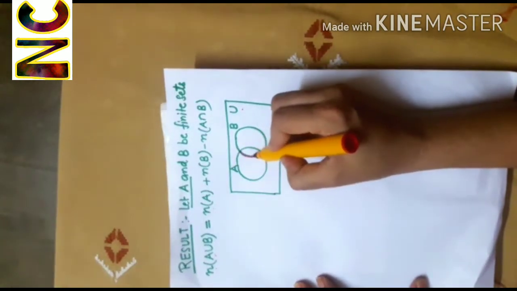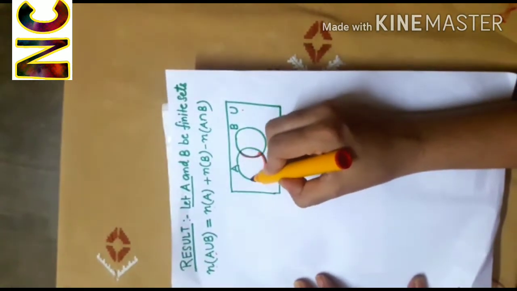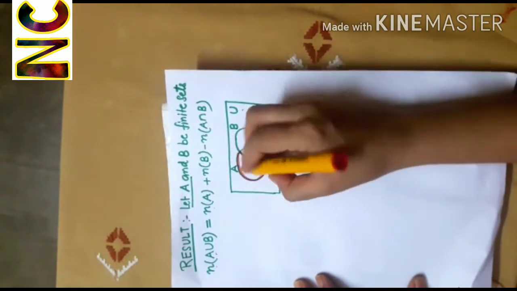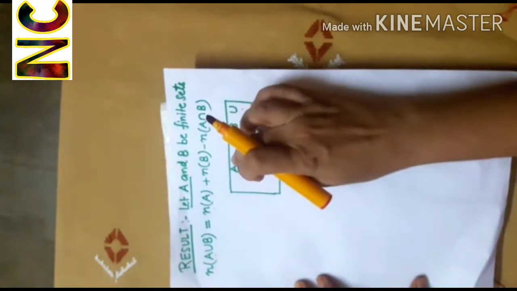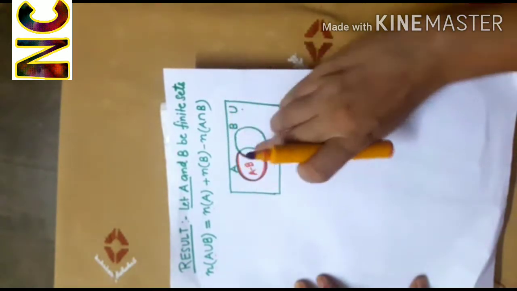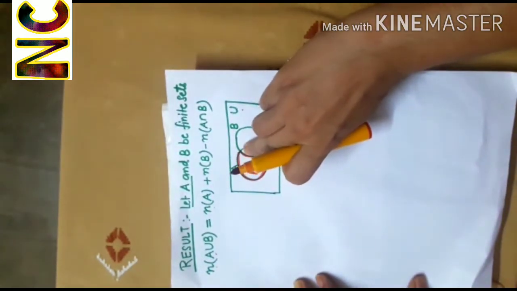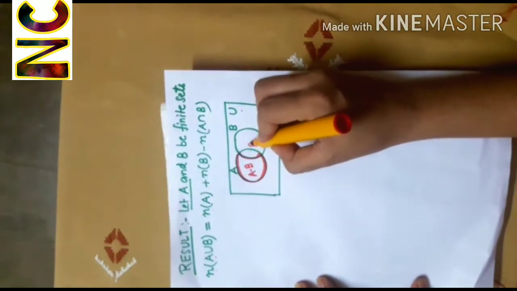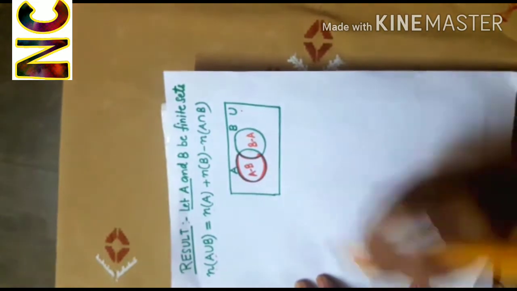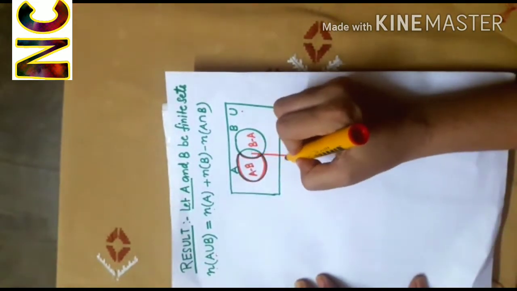We learned that this part is A minus B because from set A we have removed the portion of set B. Similarly, this is B minus A and this part is common, so it represents A intersection B.